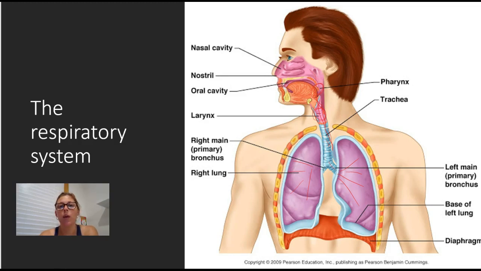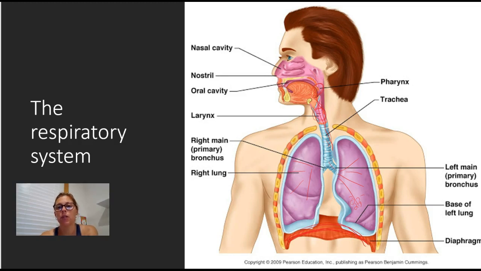So within there we have our right and our left lung, each of them branching off from the right bronchus or the left bronchus, and at the end of each of these are our tiny little sacs, and they are our alveoli. Now the diaphragm here is also important.